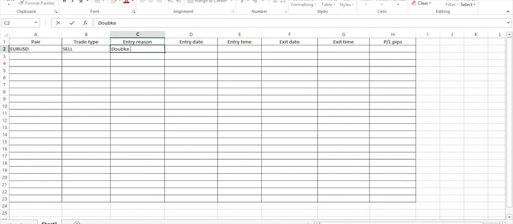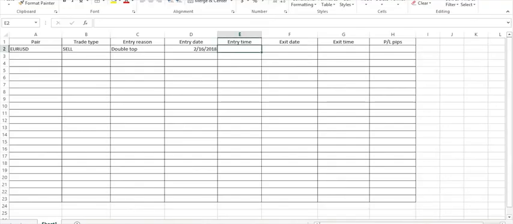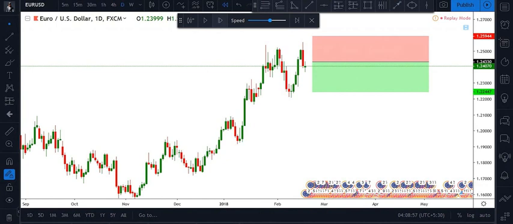Entry reason: double top. Entry date. Okay, entry time. Since we are testing this on the daily chart, I'm not going to enter any time.